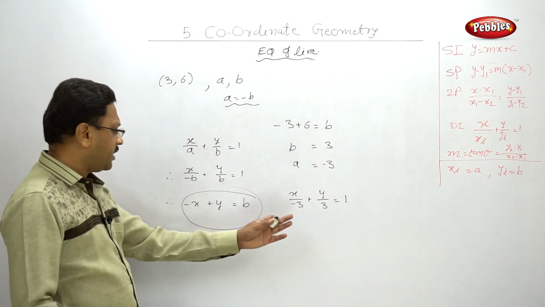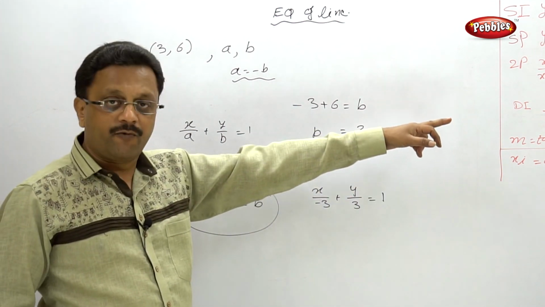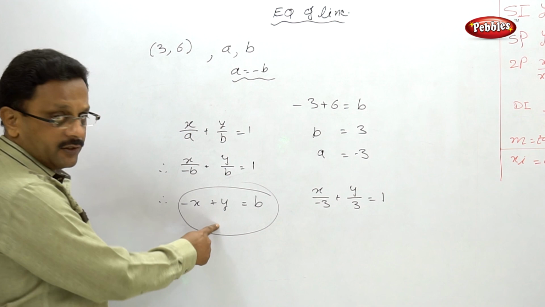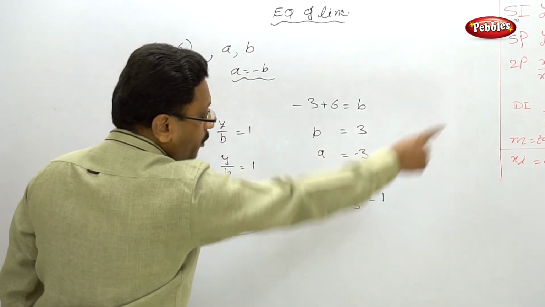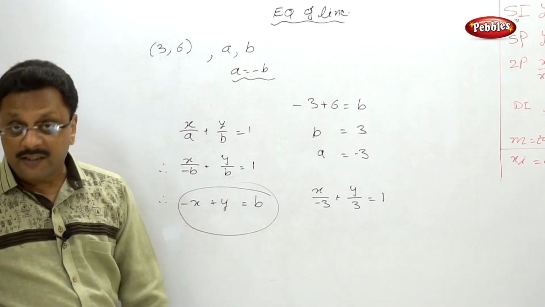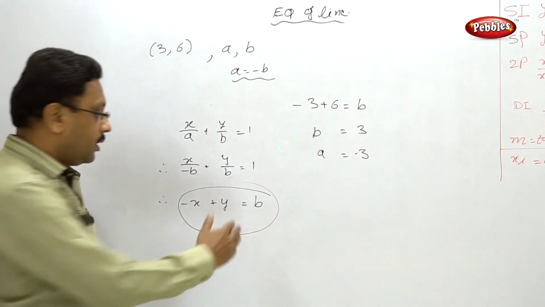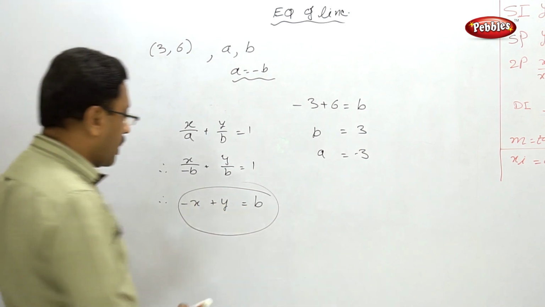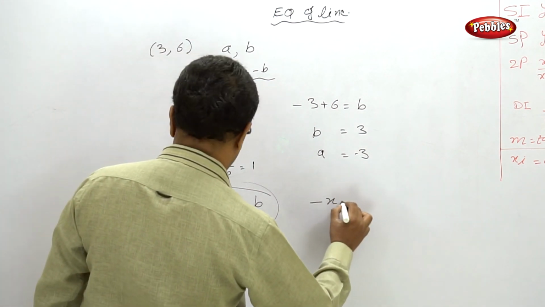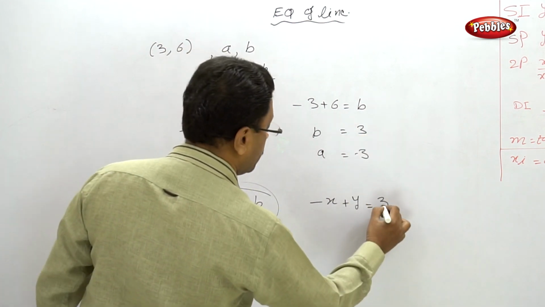Either you can put the a, b values in the original form, or now you have simplified this, so we can substitute here also, because this equation is already derived. So I will say that minus x plus y is equal to b, meaning 3.